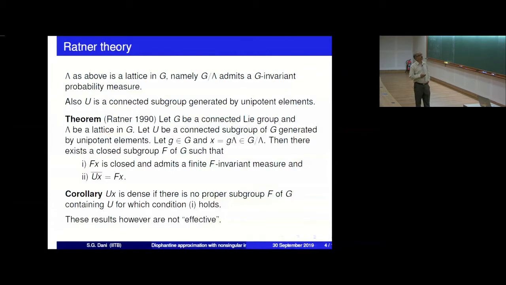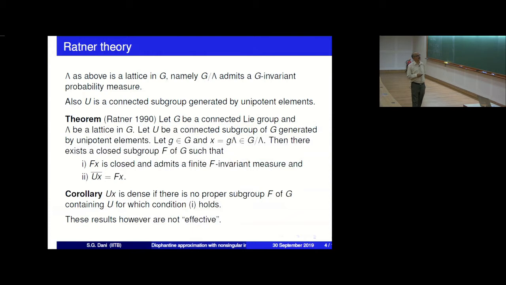Ratner's theorem tells you that, though this is not the most general theorem, it gives a preview of what we have to say. Let G be a connected Lie group and lambda a lattice in G, and U a connected subgroup generated by unipotent elements.